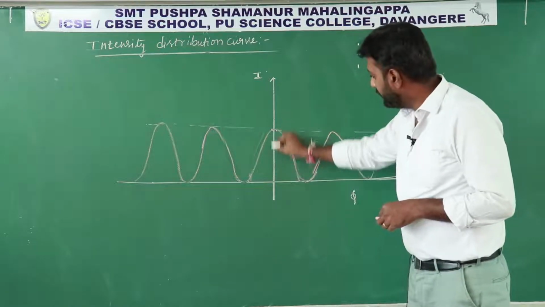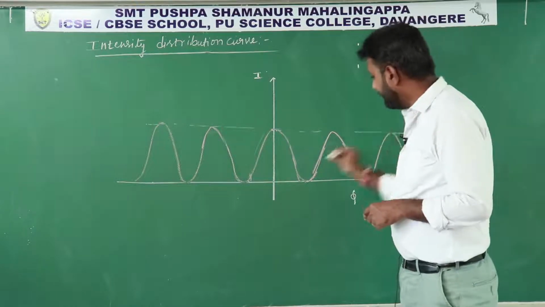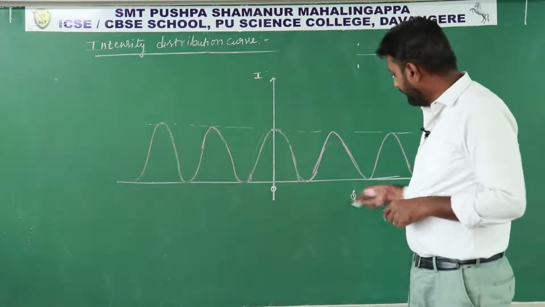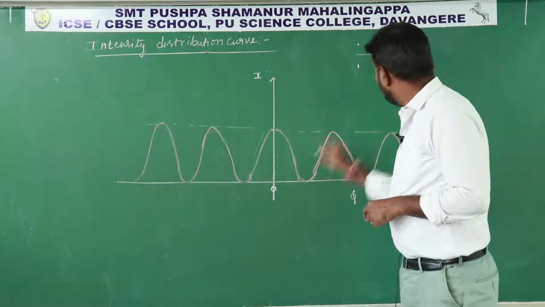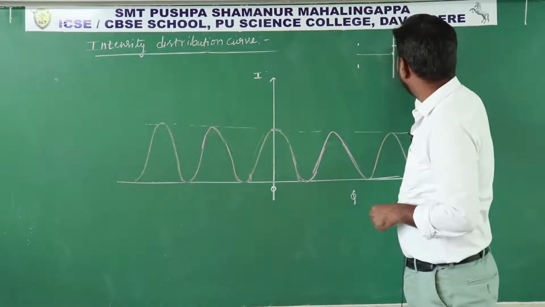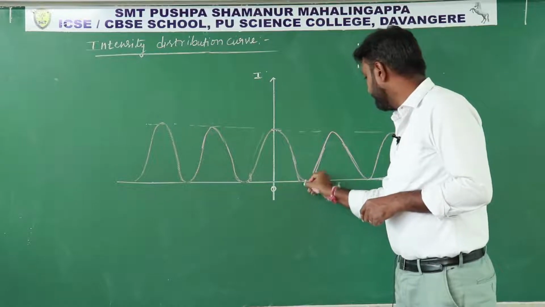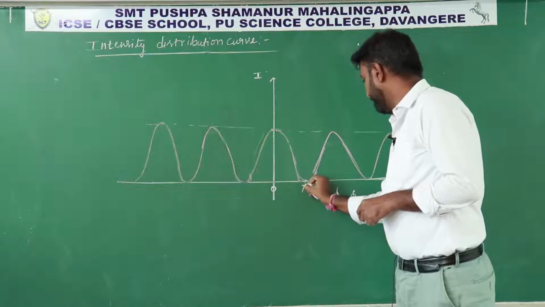This is central maxima, bright fringe. So their phase difference is 0. This phi value is 0. And next you will observe a dark fringe. Here the phi value is pi.